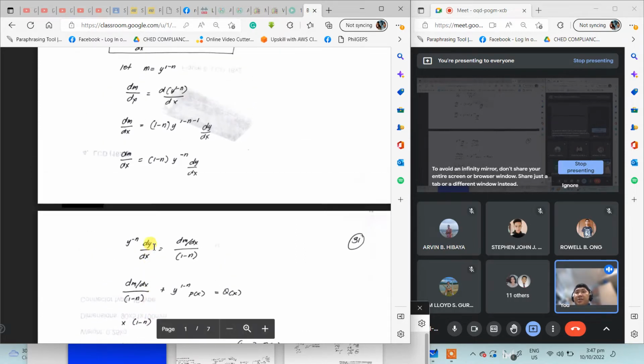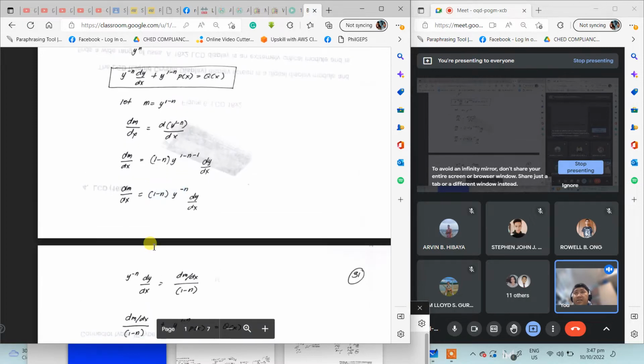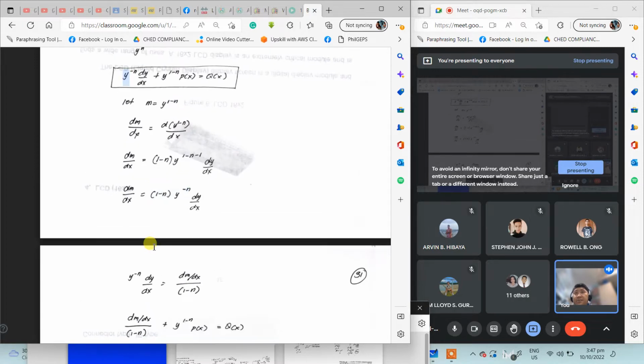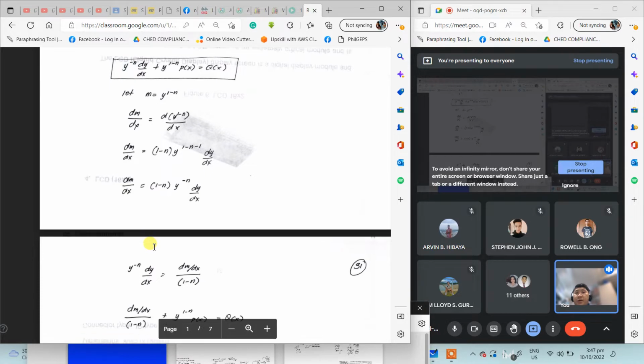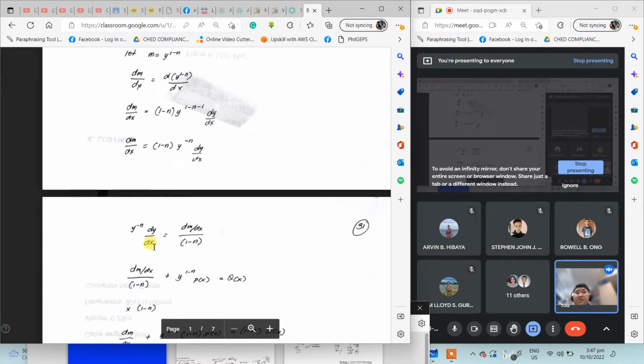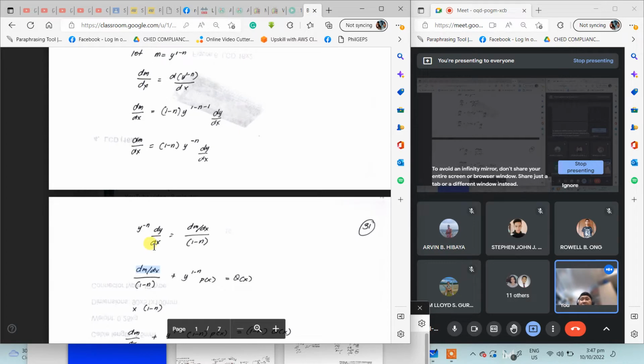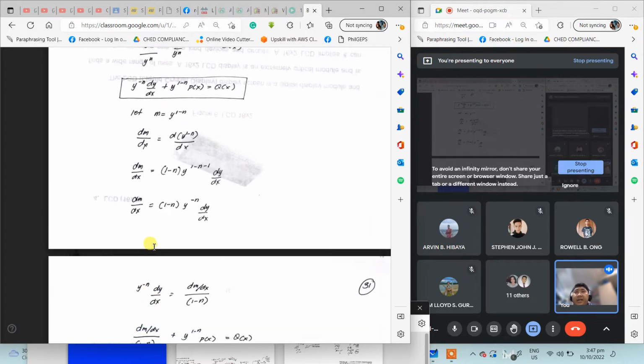Since they are equal, you could just replace the first term with dm over dx over 1 minus n. We replace that first, then copy the rest.